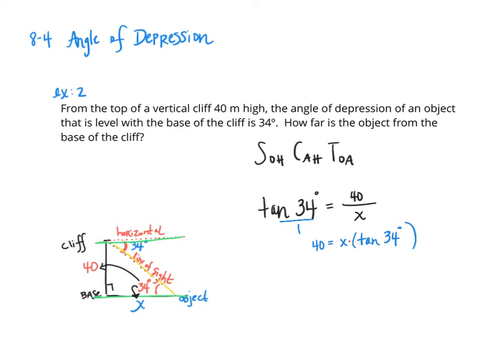Well, you would divide. So you're going to do the same thing. You're going to divide both sides by the tangent of 34 degrees. Because just like 5 over 5 is 1, so is the tangent of 34 over the tangent of 34, simplifying to 1 over 1.